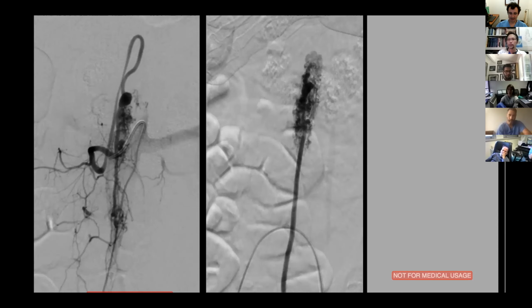So a lot of it is just focusing on symptom management, right? If there's a hemorrhage, we try to find what bled and just attack that.